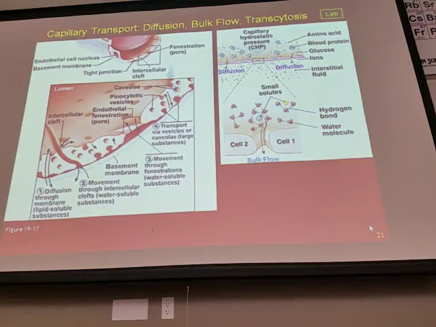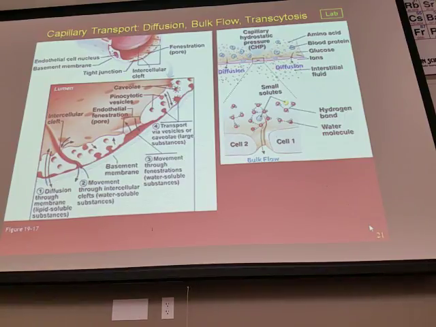So if you're looking at glucose, for example, as long as there's a gradient for glucose to go from the blood out of the vessel, across the wall to the tissue fluid and tissue cells, then the gradient has to favor that. You have to have higher glucose concentration in the blood, lower in the interstitial fluid on the other side of the capillary wall. The other thing you have to have is permeability.